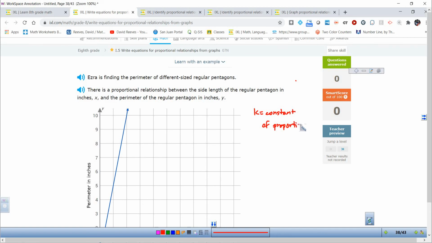Don't you love how the words are so short? So the first number is x. We multiply that by k and it gives us y. y equals kx, or we say y divided by x is equal to k. Again, k is called the constant of proportionality.